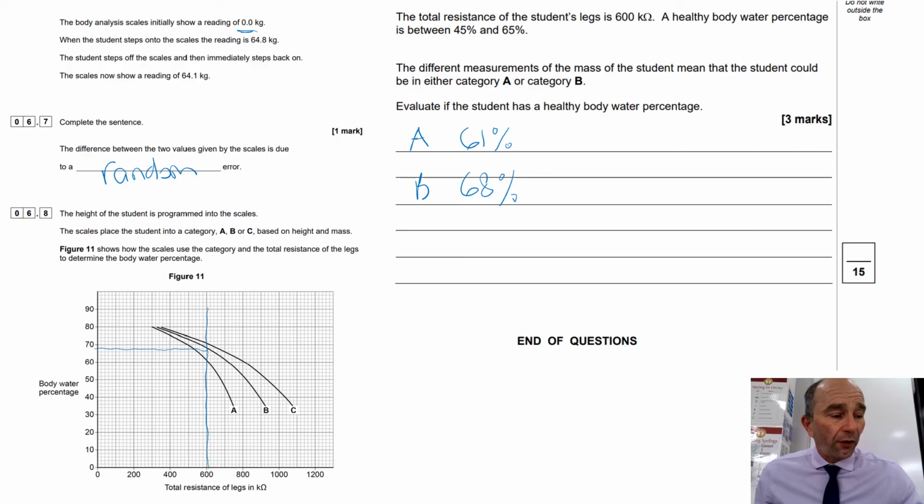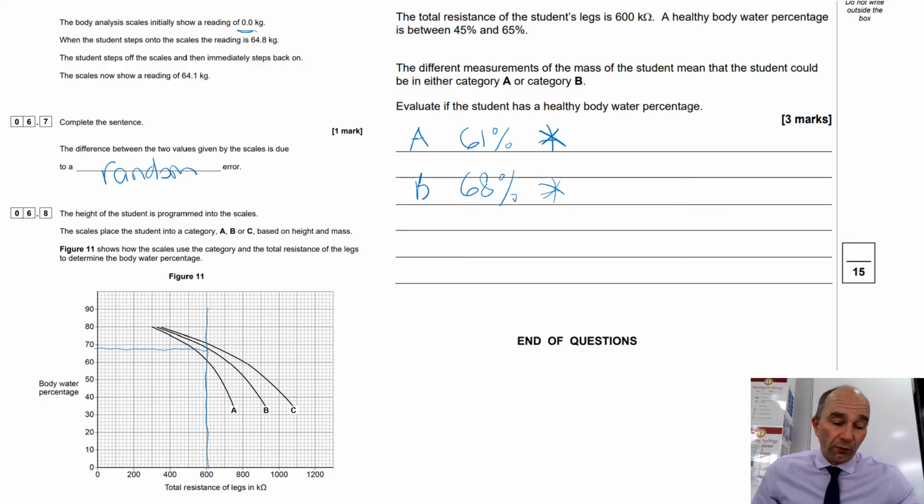Now, to pick up the third mark, you have to make the point that if the student was in category A, they fall within the healthy limit of body water percentage. However, if they fall into category B, they're slightly above the healthy water percentage, and therefore would be classed as unhealthy.